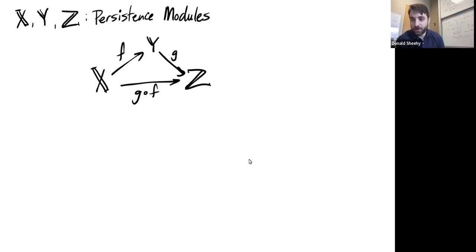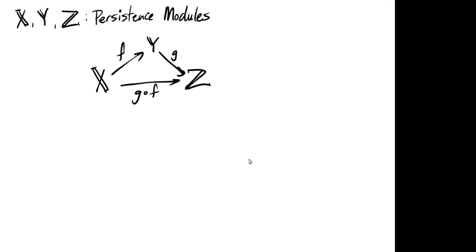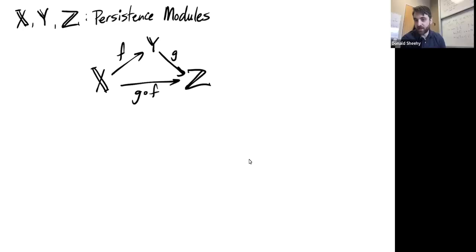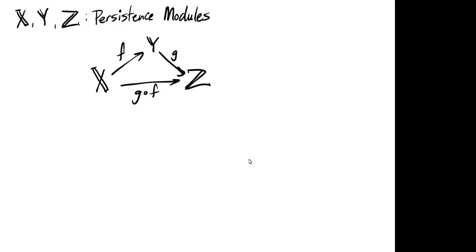It depends on what you mean by noise, but in one sense, this is actually something that's stronger about sub-barcodes than bottleneck distance, because there is no noise in the sub-barcode. You can imagine a case where I've got almost the same barcode, but it's got a bunch of noise. It's not going to be a sub-barcode. Okay.